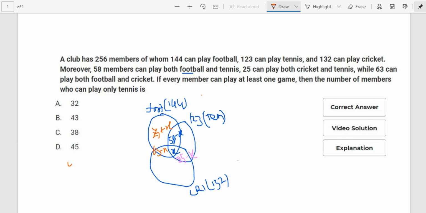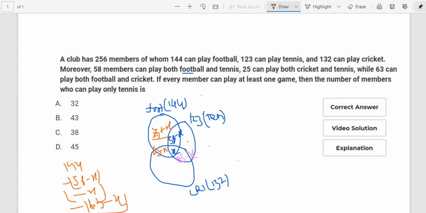If you are confused, it is 144 minus 58 minus X minus 63 minus X. These are the calculations I performed, and then I write 23 plus X. Now I have to calculate this area, that is 25 minus X and 58 minus X.